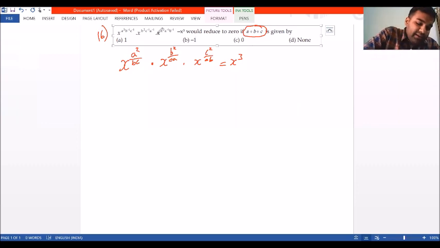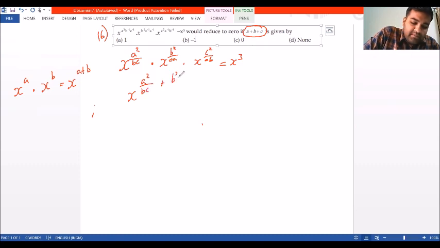Now I have an indices rule: x to the power of a into x to the power of b can be written as x to the power of a plus b. Indices rule number 1. So I can write it as x to the power of a square by bc plus b square by ca plus c square by ab is equal to x cube.